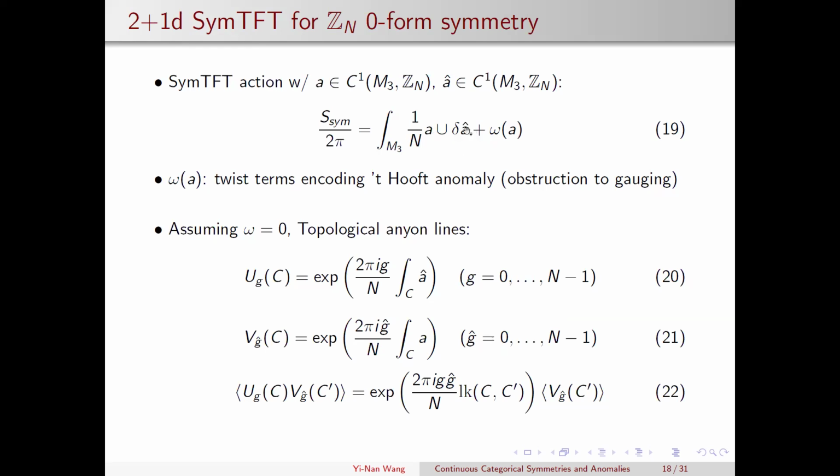This is a BF term with another twist term encoding the anomaly, which is exactly the obstruction to gauging as I mentioned before. In this TQFT action, in the absence of anomaly, we have the topological lines U_g and V_g hat, which are integrals of either the A hat gauge field or the A gauge field, and they have this topological linking correlation function like that.